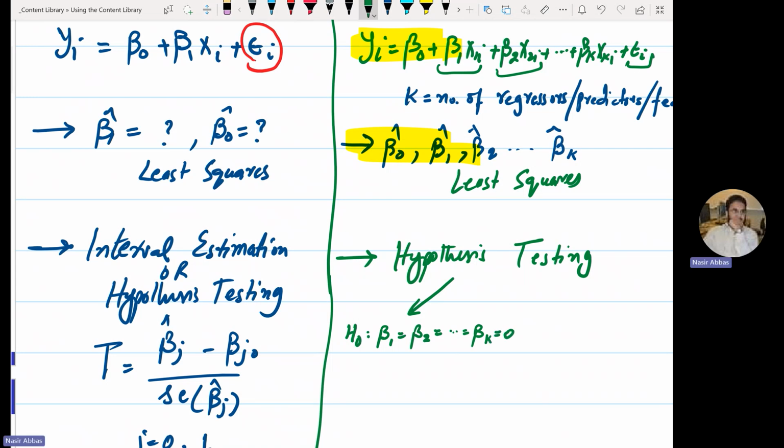What will this indicate? What will this indicate if all the betas are 0?